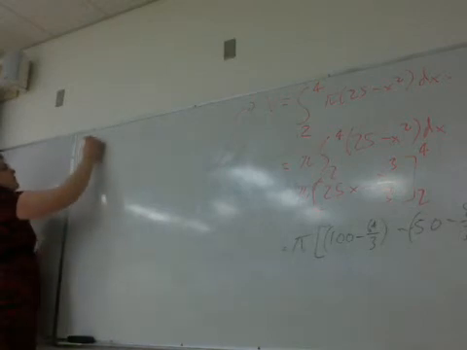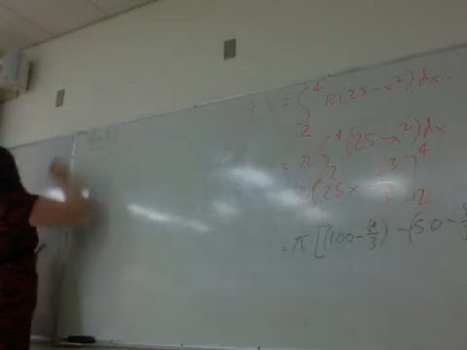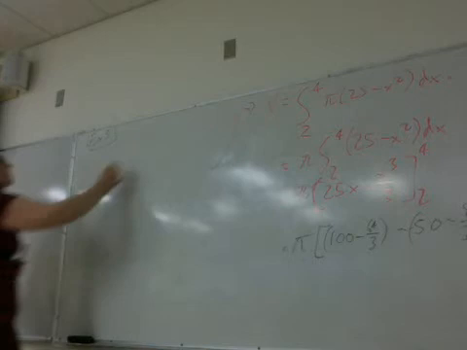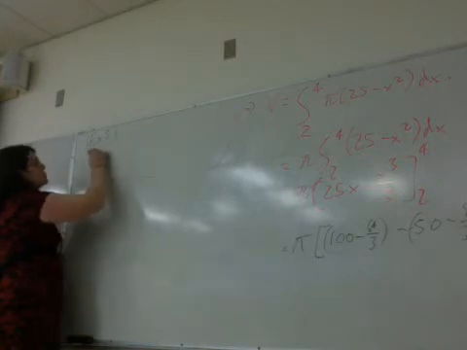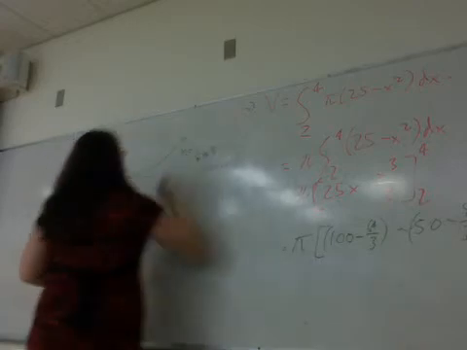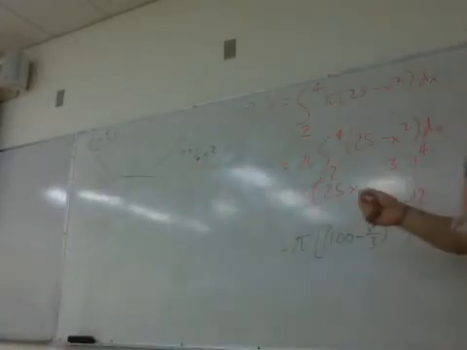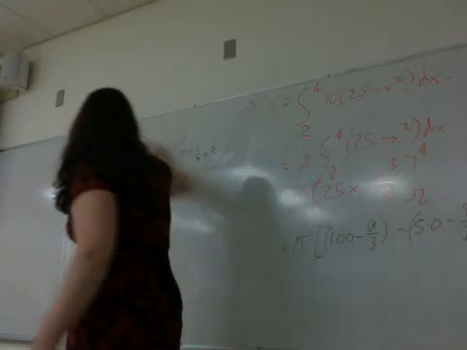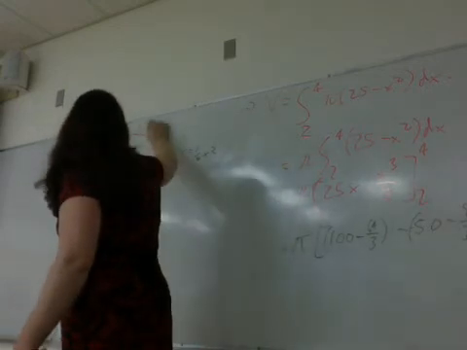So here's example 5. Here we want to find the area between the curves 1/4 x squared, which looks like that curve there, and 5 minus x squared, which looks like that red curve there.